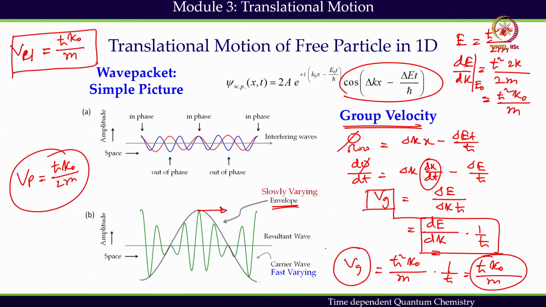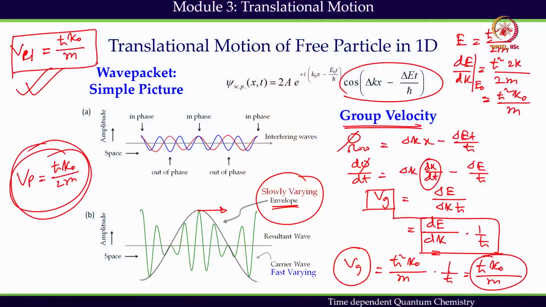So when I say that a particle is moving in quantum mechanics, its envelope function is moving at the classical velocity, but its carrier wave is propagating with a different velocity. That is why these two are not locked anymore. Their velocities are different.